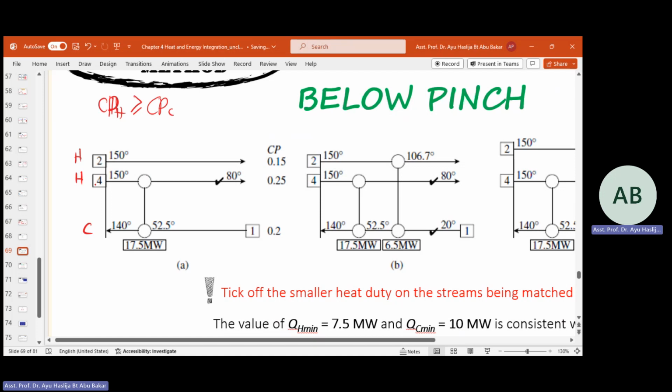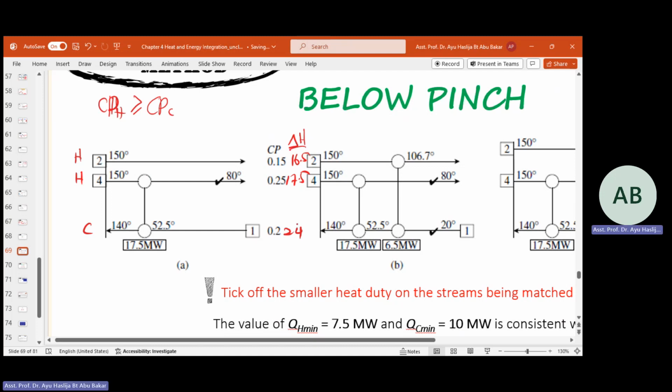Stream 4 can be transferred to stream 1 because it fulfills the requirement. And then the delta H from the earlier calculation, 16.5, 17.5, here is 24.